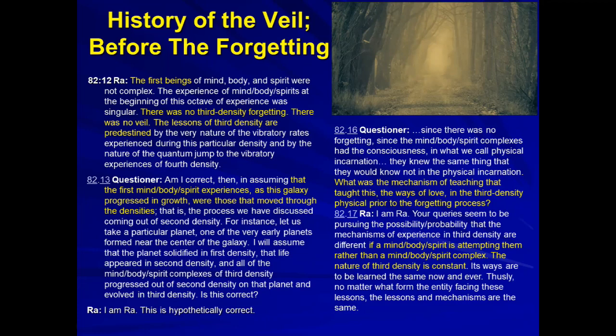I was just curious about the choice. You know, choice is very important in this density, isn't it? And if everything is known, and everything is sort of arranged and organized on the other ones, when there's no veil, do people still have a choice?